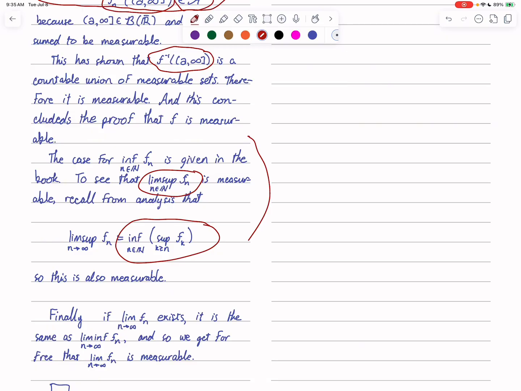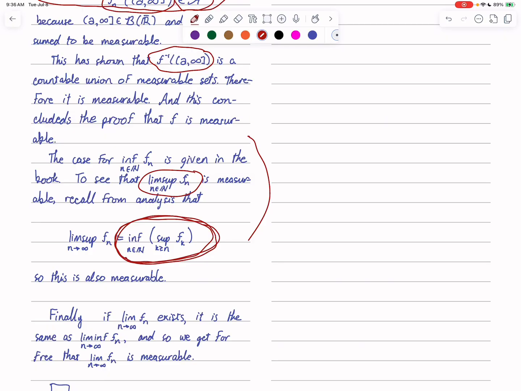And this has to do with the fact that, and this is not completely unique to lim sup, if you have any monotonically decreasing sequence and you take its limit, that limit is always equal to the infimum of the sequence. It's a worthwhile fact from real analysis to recall. Applied in this particular case, because the sups are a monotonically decreasing sequence, taking the limit is the same thing as taking the infimum.